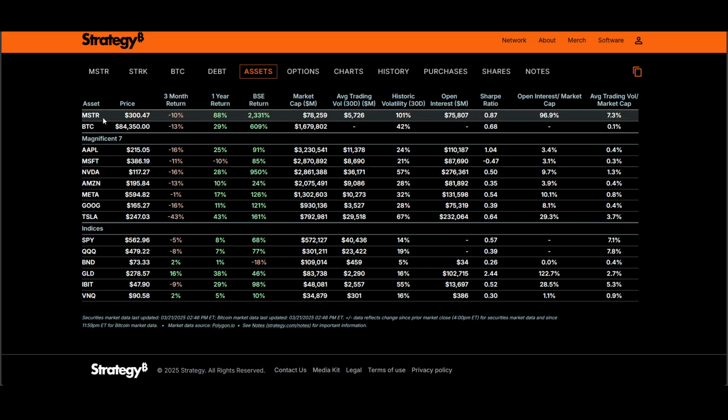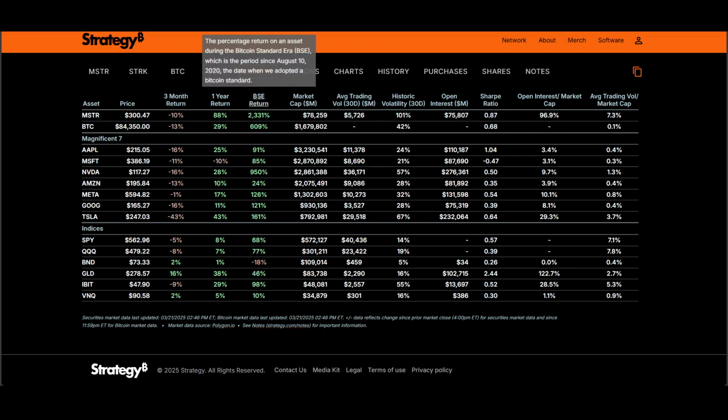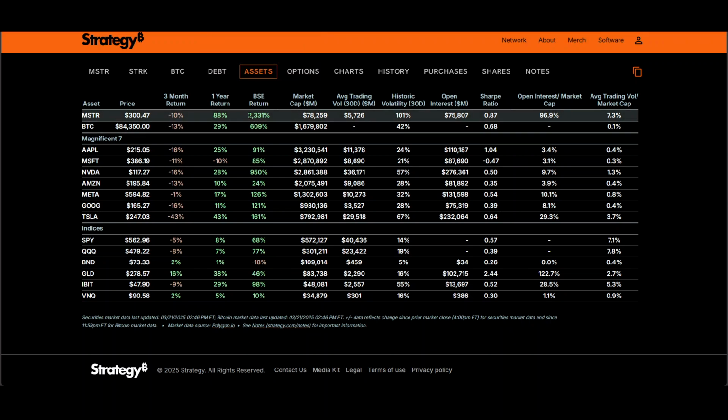And again, let's take a look at MicroStrategy against other assets, and you can see that on the 3-month return, MicroStrategy is actually doing better than Bitcoin, which is kind of surprising. The 1-year return is doing better than Bitcoin, and even since August 10th of 2020 it has destroyed Bitcoin, right? There's more risk involved, so you get more reward. Compared to Apple, it's actually doing better than Apple in the last 3 months.